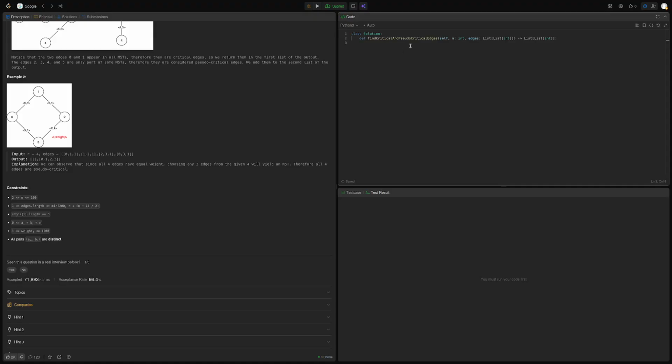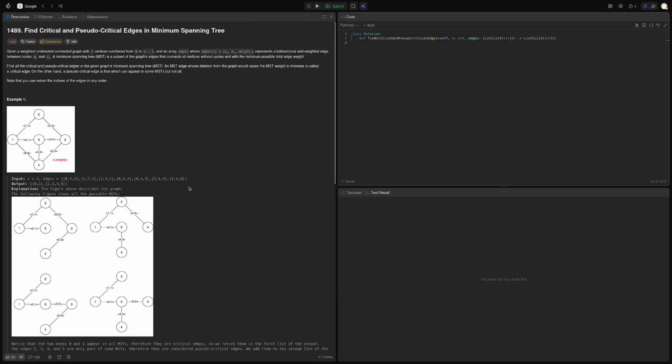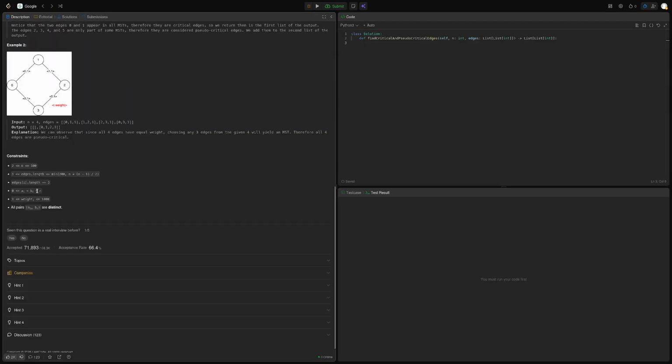Maybe dynamic programming, if we sort edges and then we say that, well, first we should build the MST.